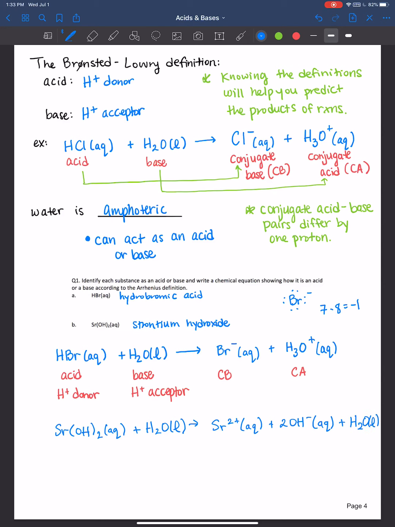And then just to have it balanced, this looks a lot like the sodium hydroxide equation we did earlier in this video. So we can simplify. The strontium hydroxide definitely follows the Arrhenius base definition, where it is producing hydroxide ions in solution.